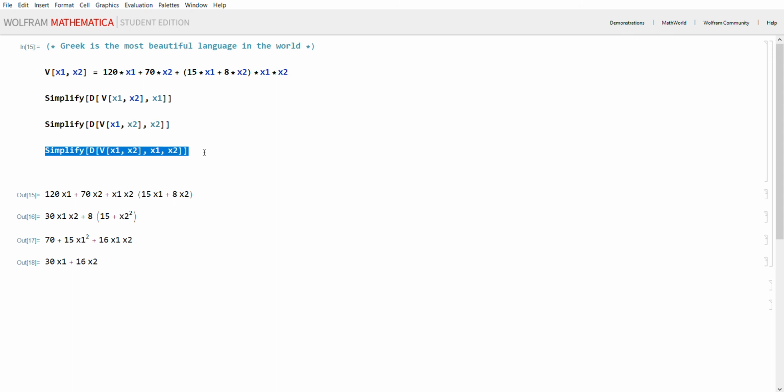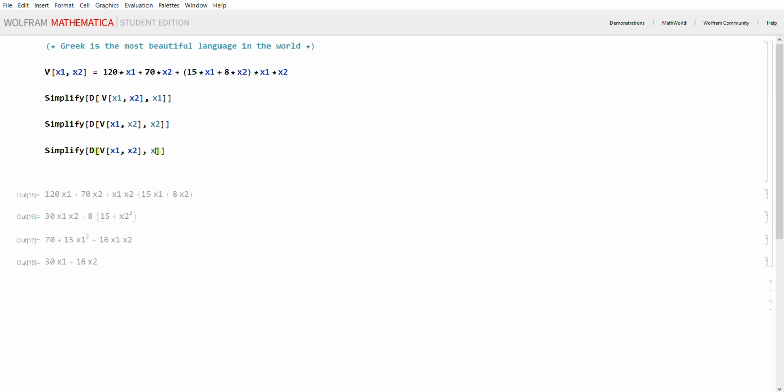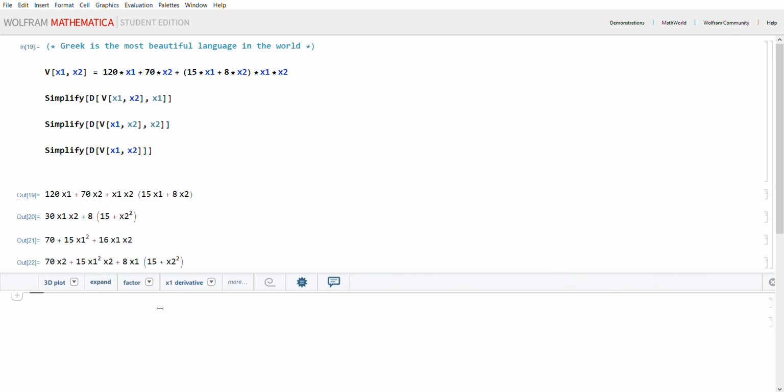It seems to malfunction because they don't really understand. It's not 30x1 plus 16x2 for sure. So I'm going to try to fix it. Instead of x1, just do this. Let's see what we got. Still weird, still unclear.